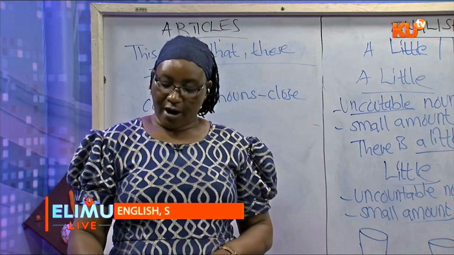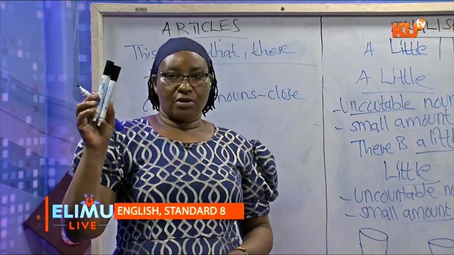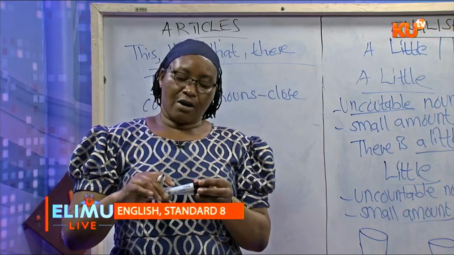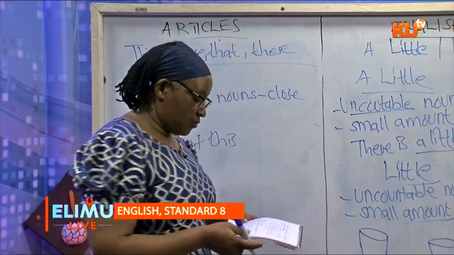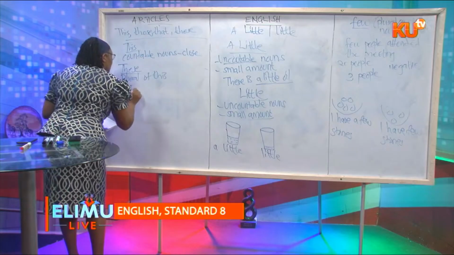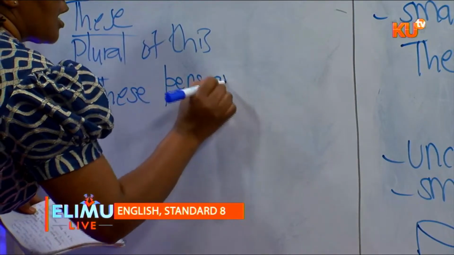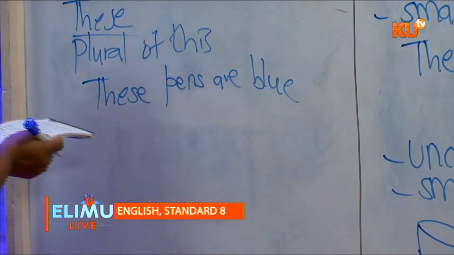For example, I have 2 blue pens. So these are blue pens. The pens are close to me, and that's why I've used the word these. So I can say these pens are blue. It means they are very close to me.